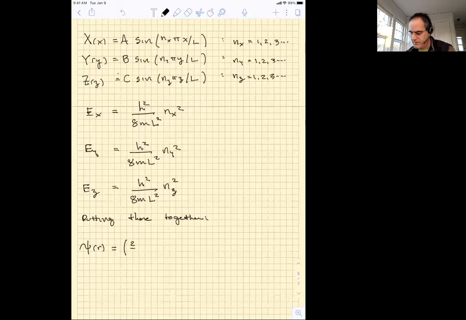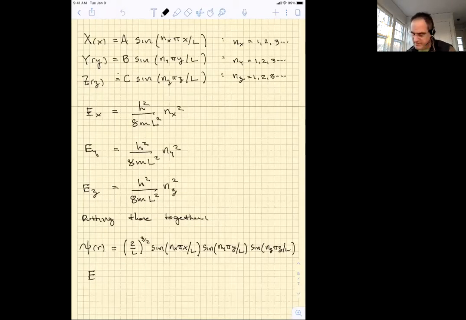So we have 2 over L, multiplying them together, we get 2 over L to the 3/2 times sine of nx pi x over L times sine of ny pi y over L times sine of n z pi z over L. Okay? Whew.